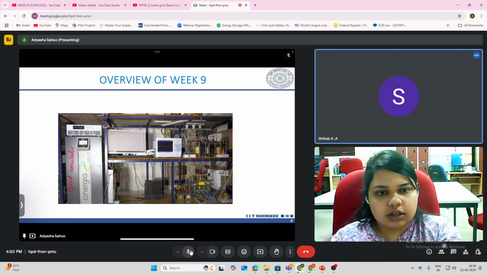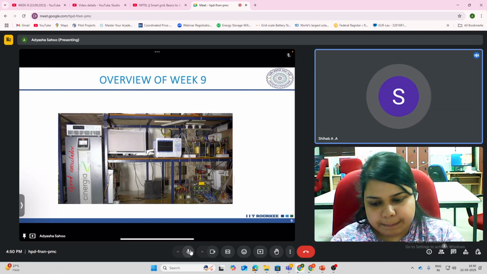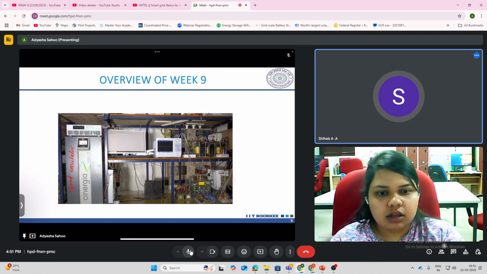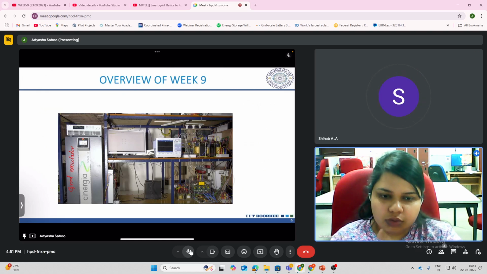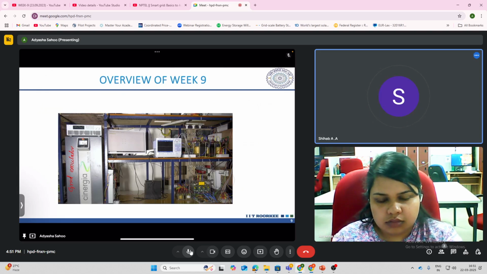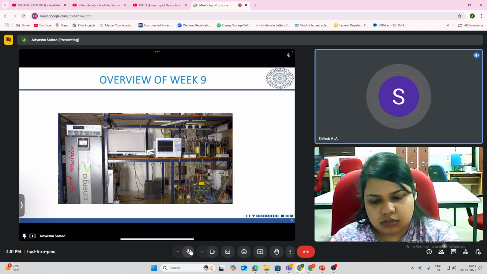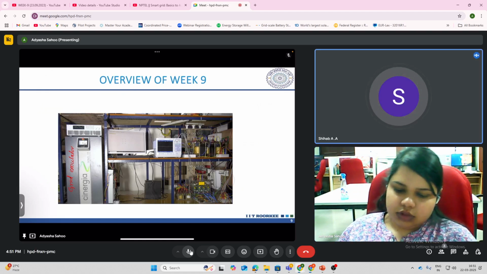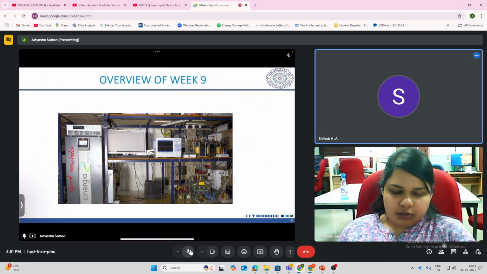Acha, I will see that then. So there are four options, like both V and I options are there, or only V and only I. Yes, but that is the maximum short circuit current that can be derived from the panel.